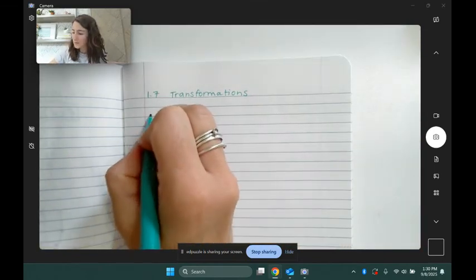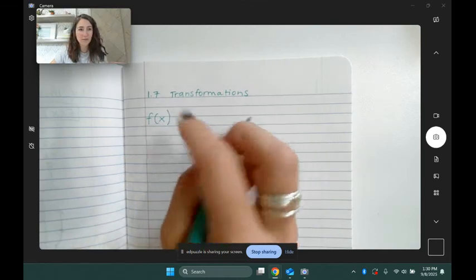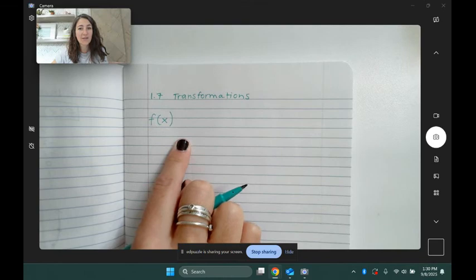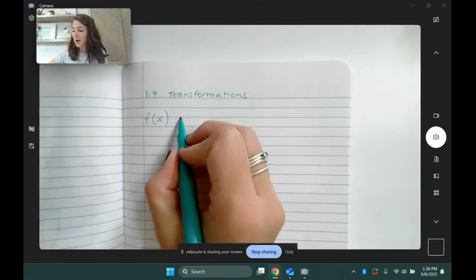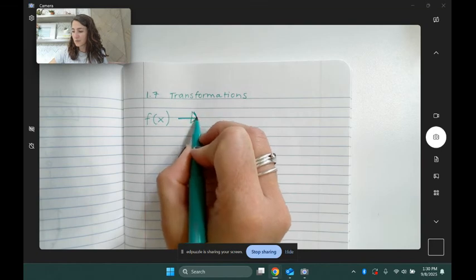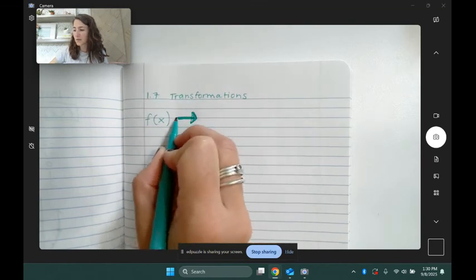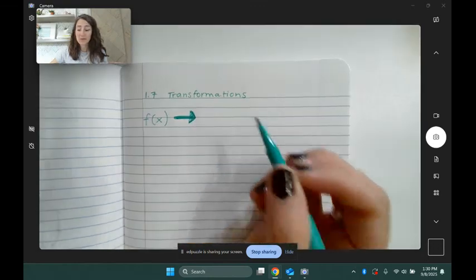All right, so this is for any function, wherever you start, where I start with any function f of x. And how you're going to transform it will look like this. And I'm going to try to color code a little bit so it gets even more clear.